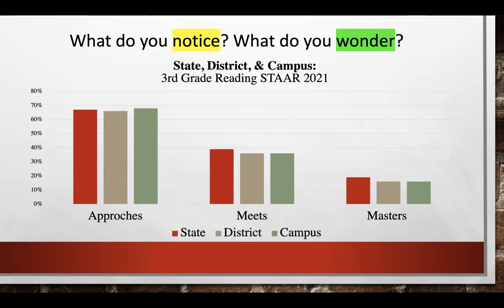Just looking at this data, we don't see a huge difference between state, district, and campus. When we look at approaches, we do see that campus, Harker Heights Elementary School, is above district and state. But when we look at meets and masters, we are below both of them. So that's the focus for analyzing the data. How can we help our students improve?